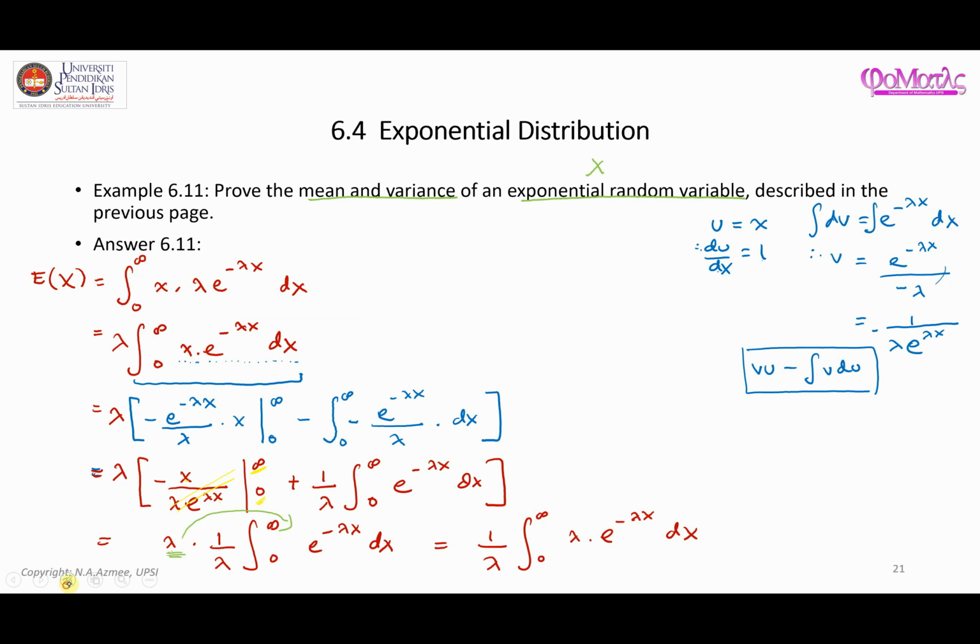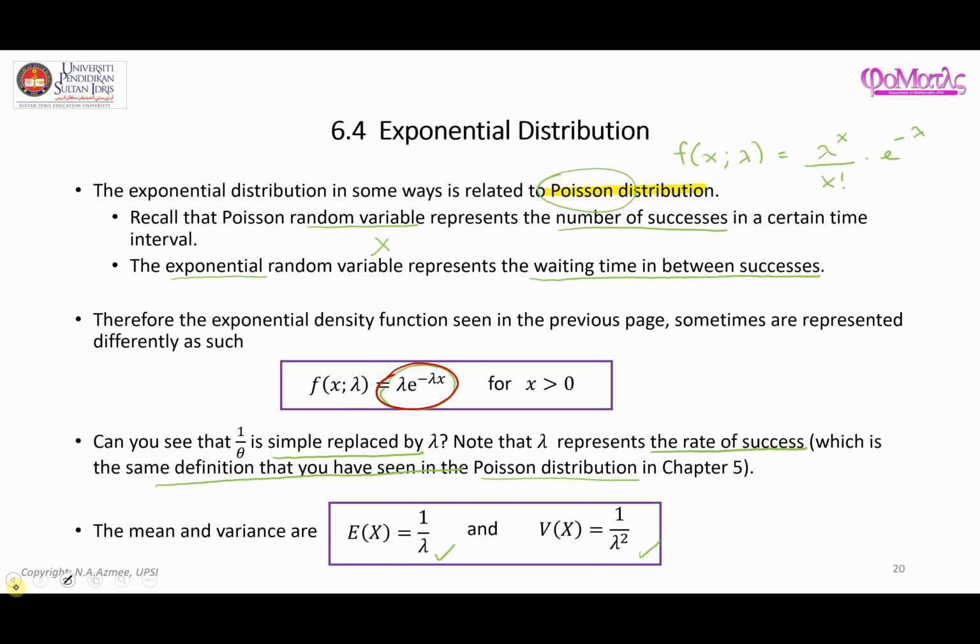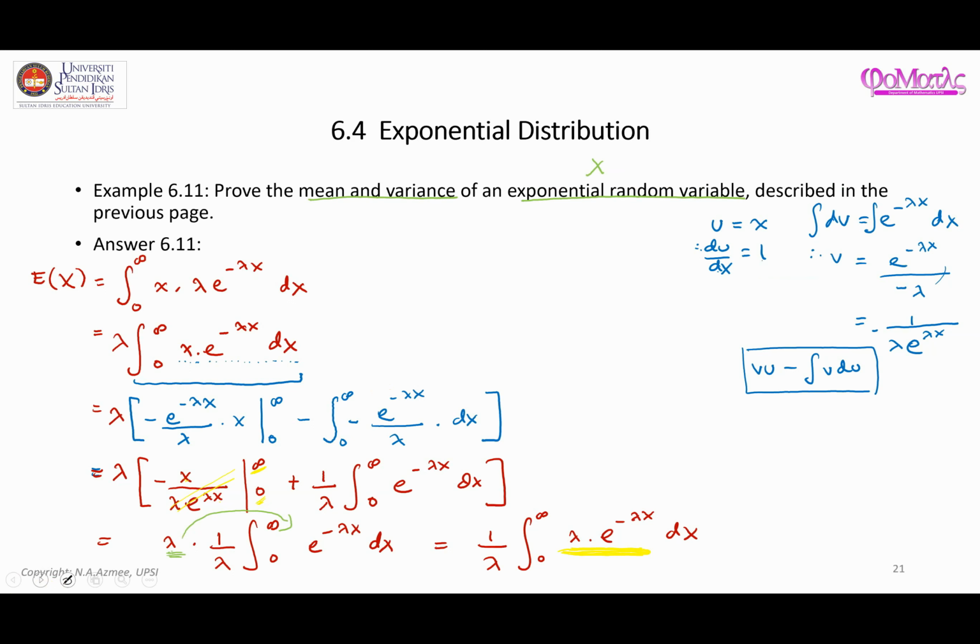And I hope that you are able to recognize this part. This part here is the probability density for an exponential random variable as given by this one. We have learned about the characteristic of probability density, in which if you integrate the probability density from its lower limit to its upper limit, the result is equal to 1.